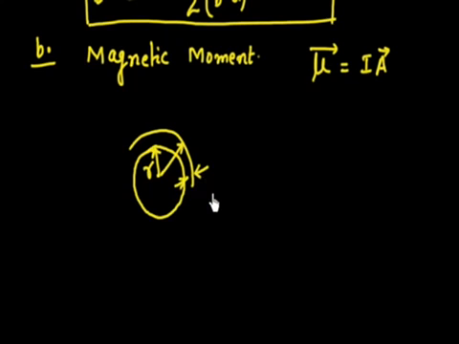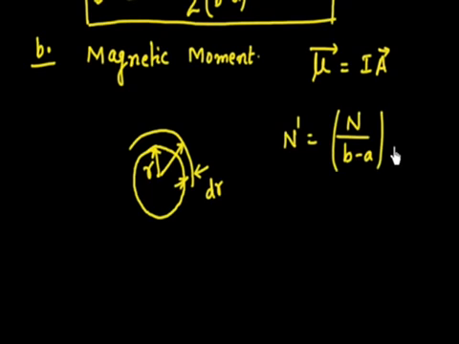So this is r and this is r plus dr. So this width is dr. Now due to this circular wire, what is the total magnetic moment? But there are n number of turns. So n dash, we have already calculated n dash is equal to n by B minus A into dr.